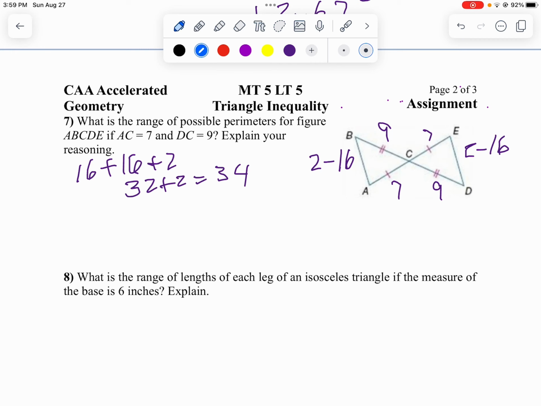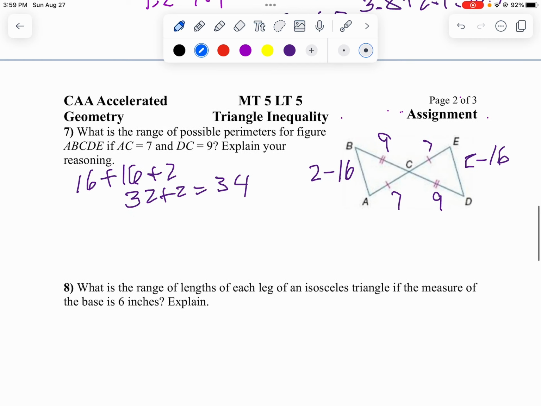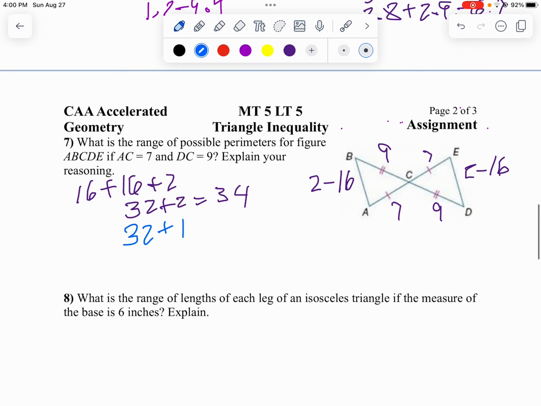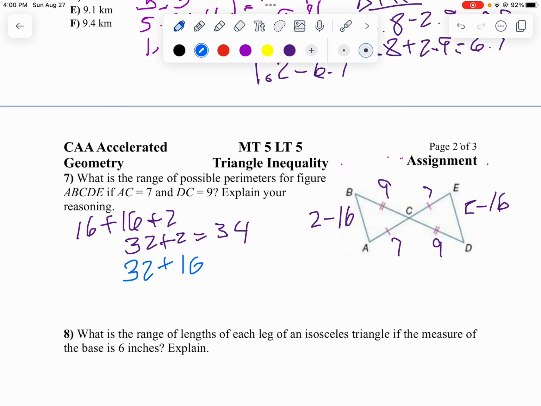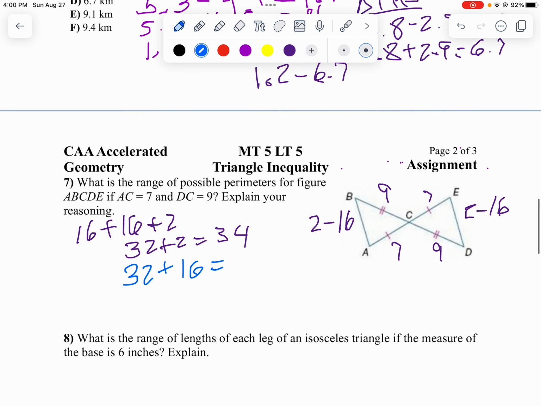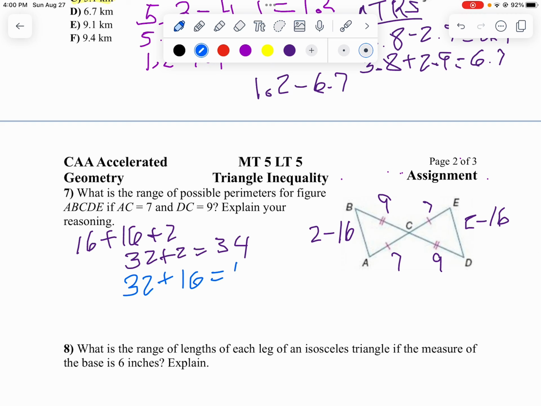Then if I look at the largest, that would be 32 plus 16. 32 plus 16 is 48.